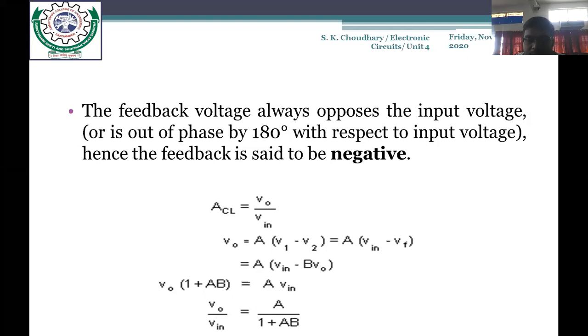So you can see the mathematical expression here. Closed loop gain ACL is V0 upon Vin. V0 is A into the differential input, that is V1 minus V2. V1 is the voltage at the non-inverting terminal, that is Vin. V2 is the voltage at the inverting terminal. So as per our circuit diagram, it is Vf.